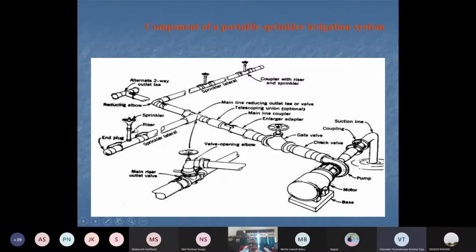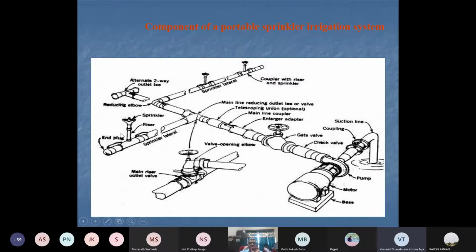Normally this is 1 meter or 90 centimeters in length, and this pipeline is known as the riser pipeline, which extends vertically and is attached to the lateral pipeline. One end of the riser pipeline is connected with the sprinkler.